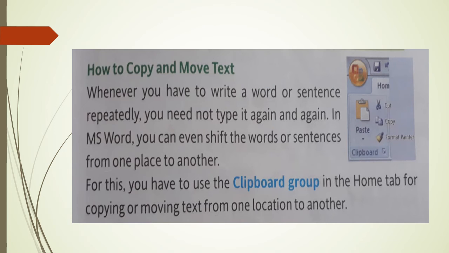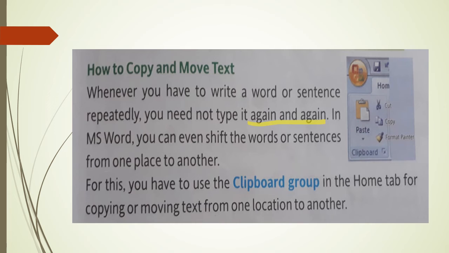Okay, we have seen how to select our text by using mouse and keyboard. Now we are going to see how to copy and move our text. Whenever you have to write a word or sentence repeatedly, you need not type it again and again. In MS Word, you can even shift the word or sentence from one place to another.